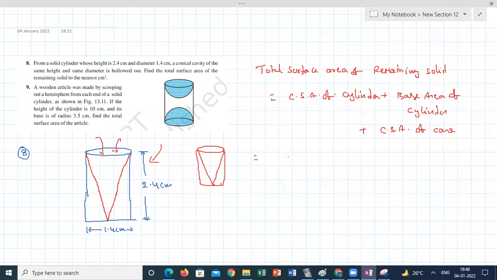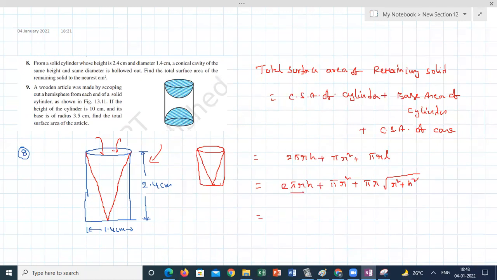So the curved surface area of the cylinder is 2 pi r h plus pi r square plus pi r l, because the diameter of the conical cavity and the diameter of the cylinder are the same. This is 2 pi r h plus pi r square plus pi r into square root of r square plus h square.